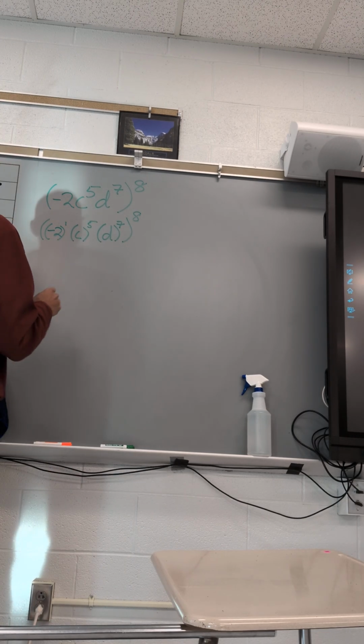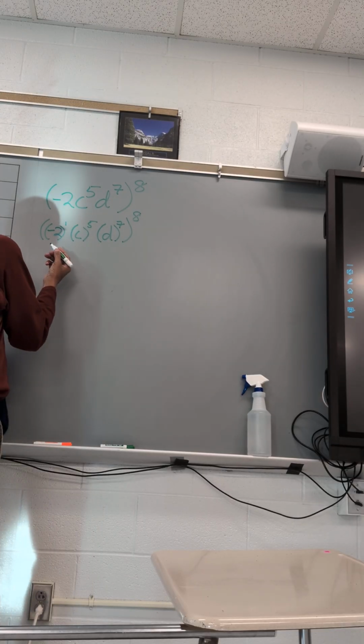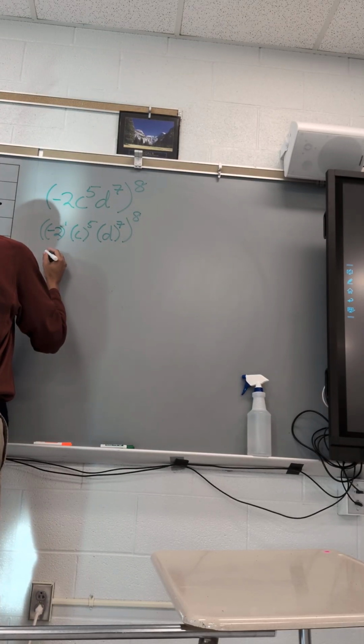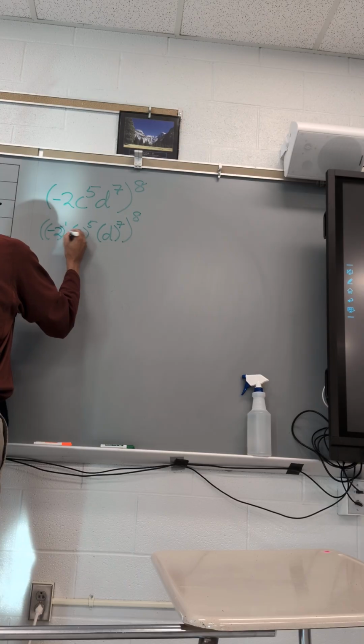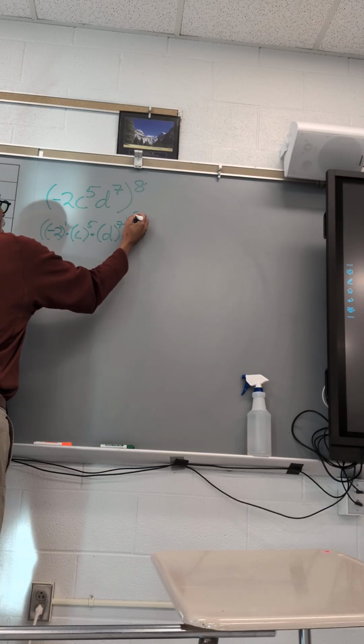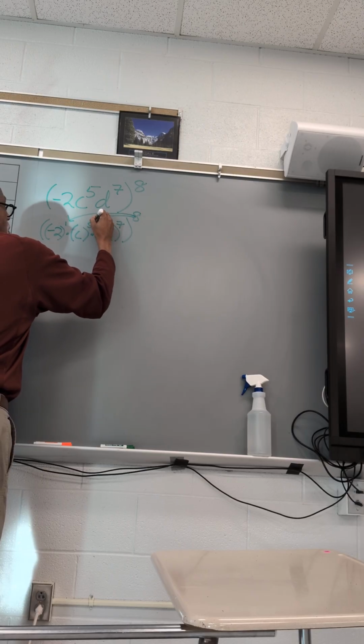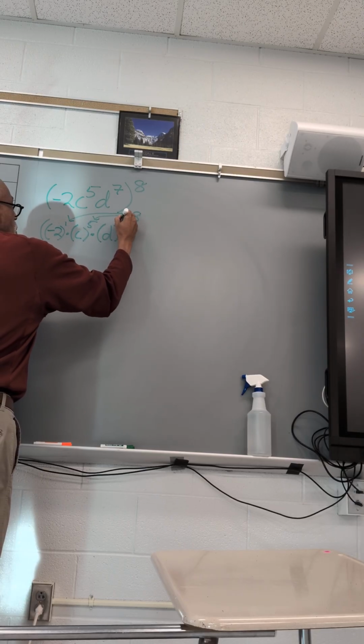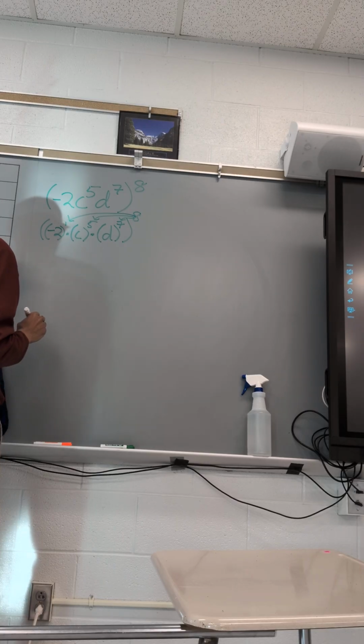All right, so what I do here is I do this for each individual one, because now these are all multiplied together. I can now multiply this 8 to each one of these. It's almost like the distributive property.